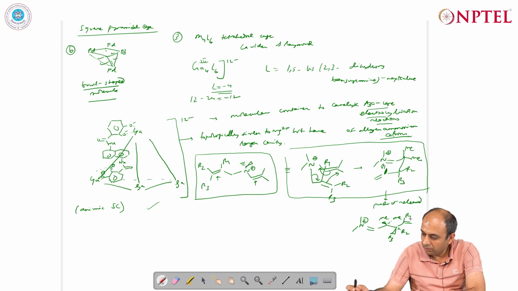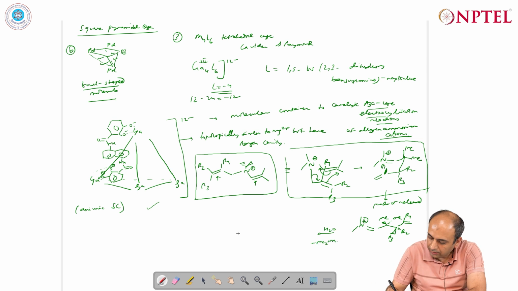So this is my product, and now we can do the facile hydrolysis, eliminate the dimethylamine, and it will give the corresponding aldehyde.